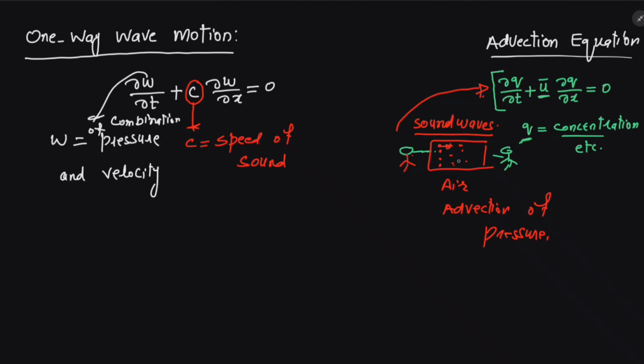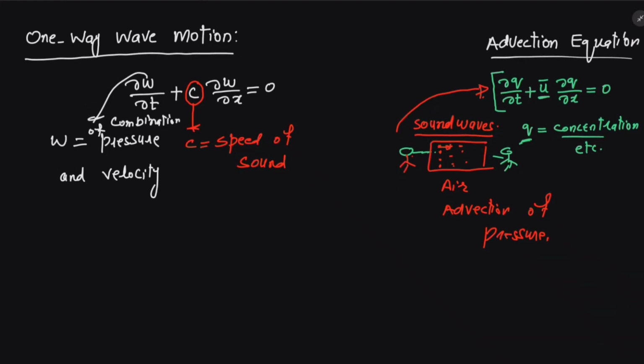Since you have pressure, which is a pressure wave traveling from one place to another, and it is a wave as well, it is represented by the advection equation. Such a phenomenon is called one-way wave motion.